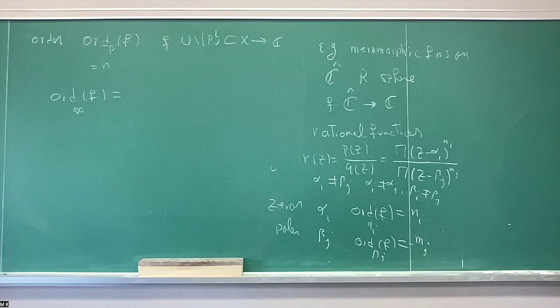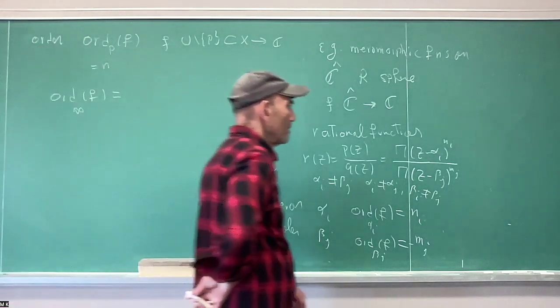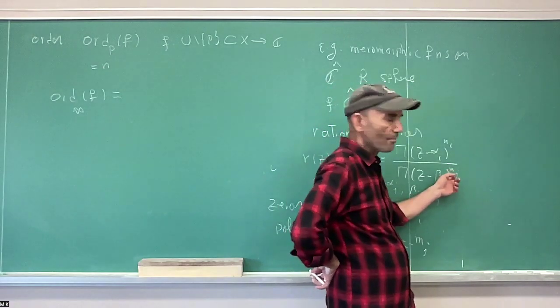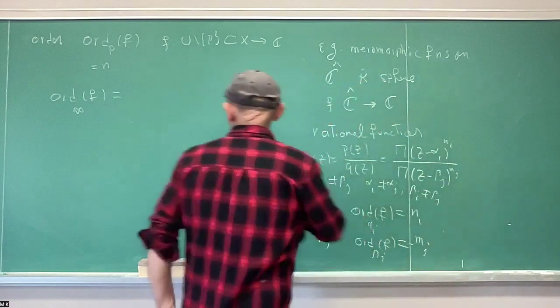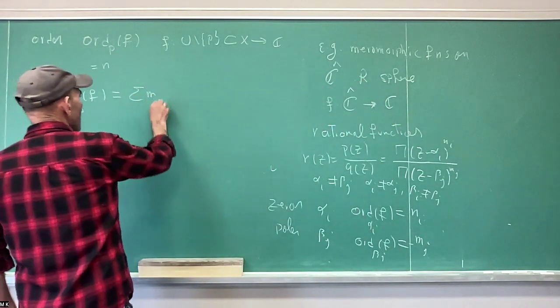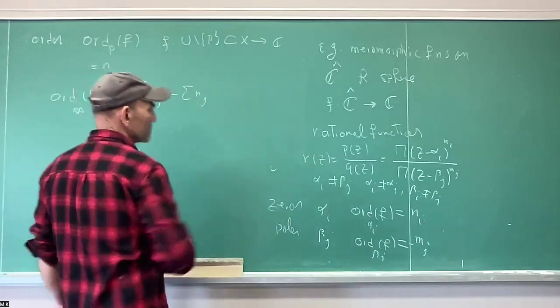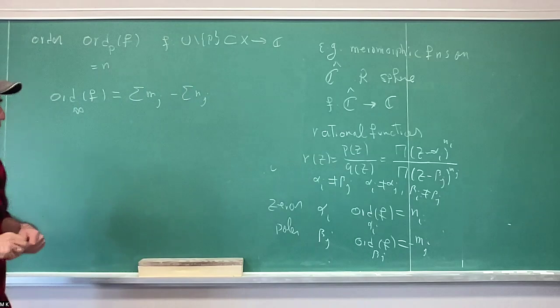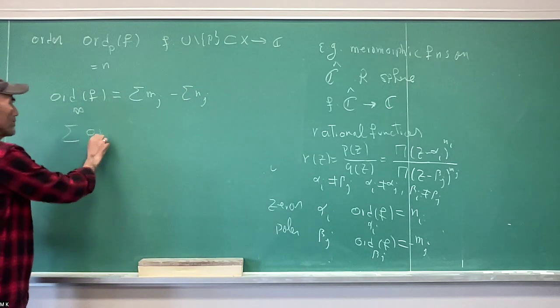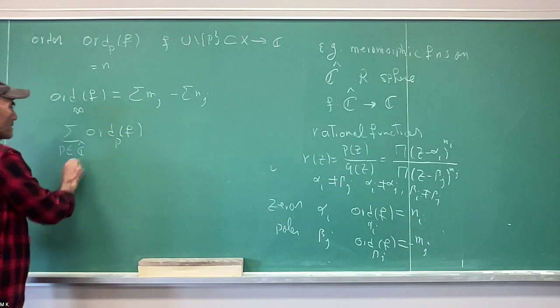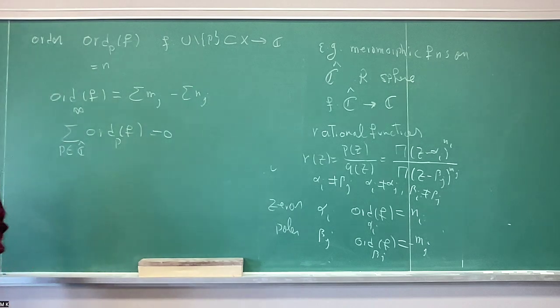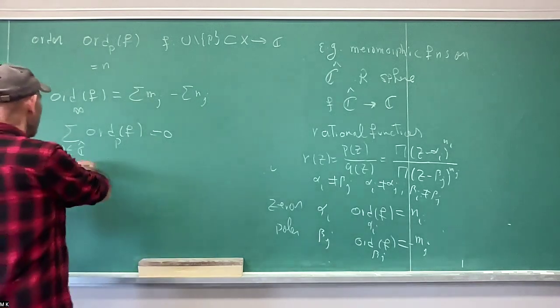No, it's just the sum of the m_j's minus the sum of the n_j's. So if you count everything, you notice that the sum of orders of f at p belonging to C hat is equal to 0. So the sum of orders of f at everything.